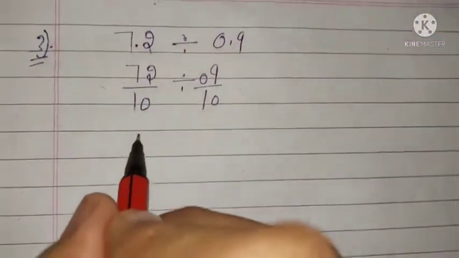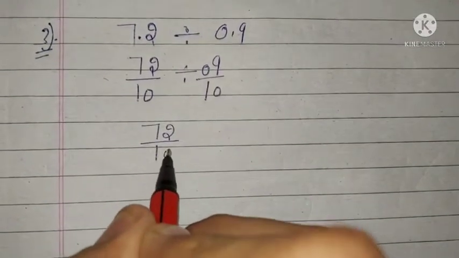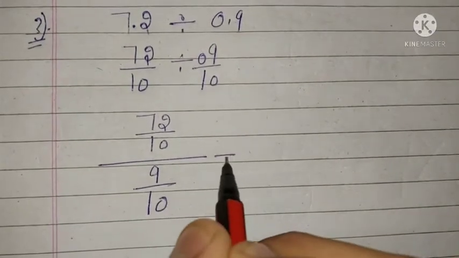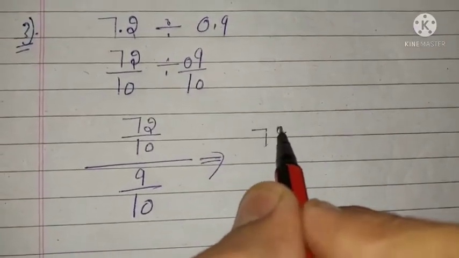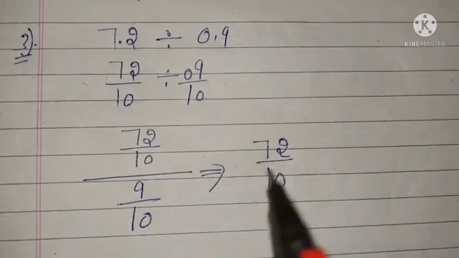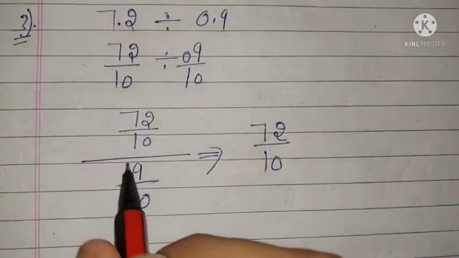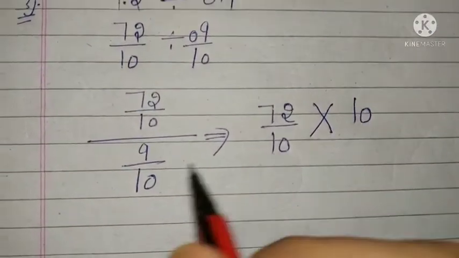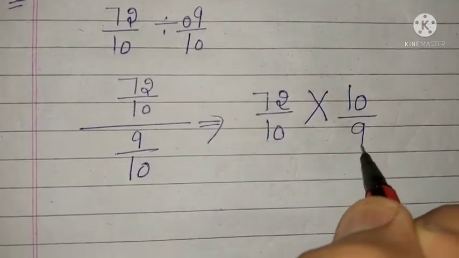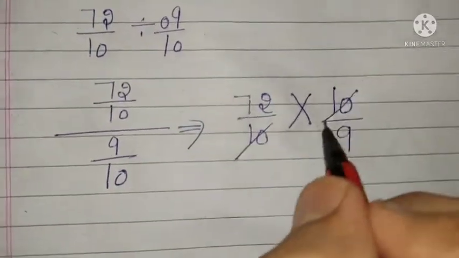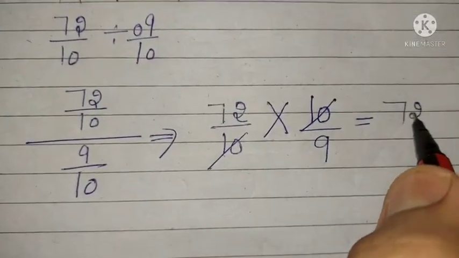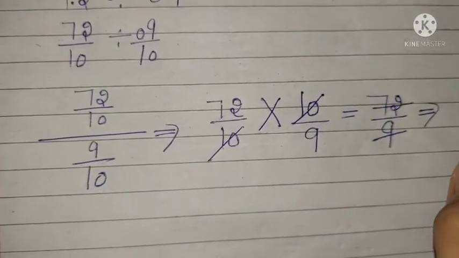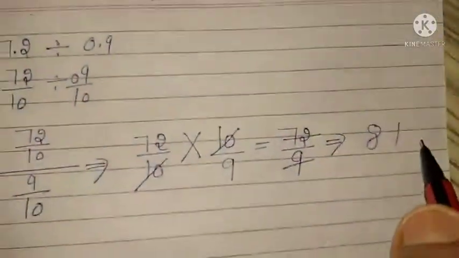I told you to write the first fraction as it is, and the second like this. 72 by 10, and this divide will change into multiply, and the denominator will become the numerator and the numerator will become the denominator. So here 72 is remaining, here 9 is remaining, so 8 would come. This is the answer.